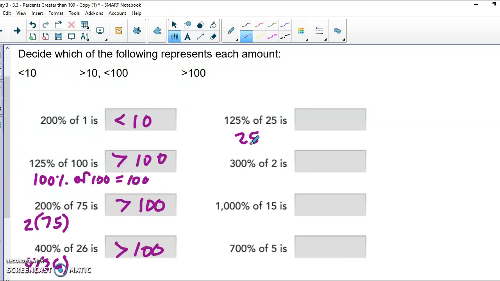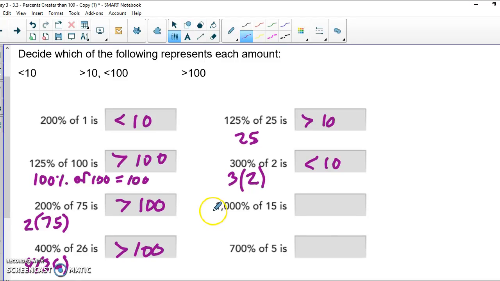So this one is definitely going to be greater than 10. If I'm looking for 300% of 2, then I might first think about 100% of 2, which would be all of 2. And 300% would be 3 times as much. So 3 times 2 would be 6, so this one will be less than 10.